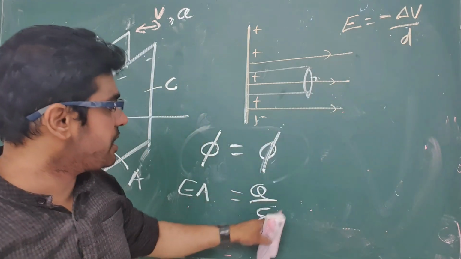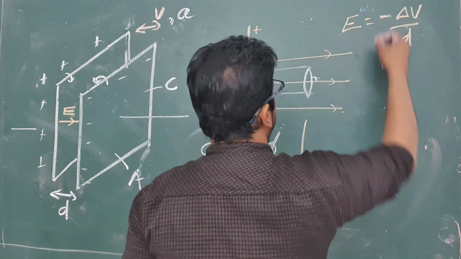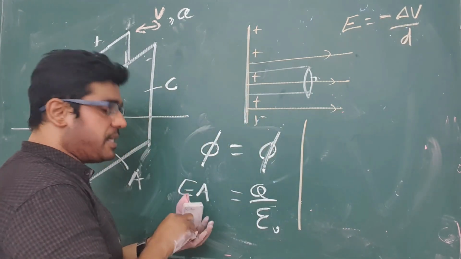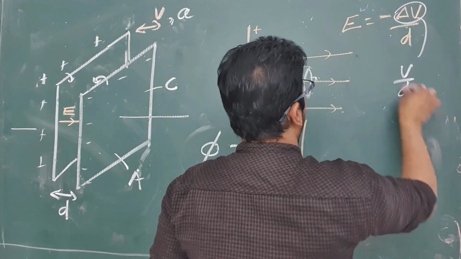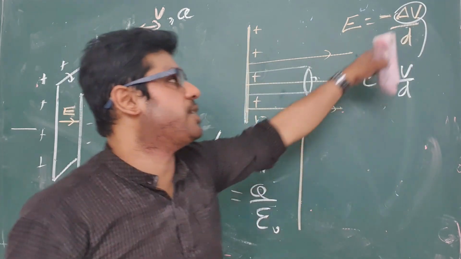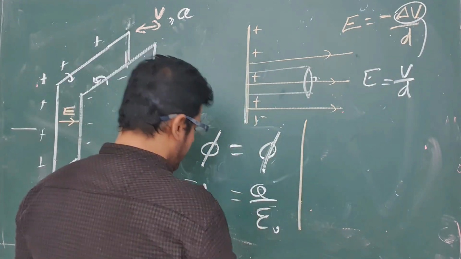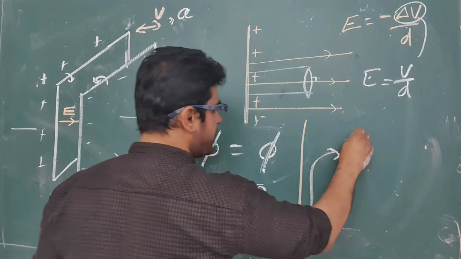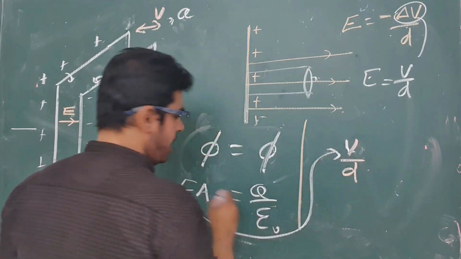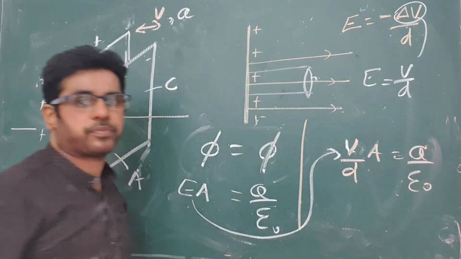So I can write E equals V divided by D, because in capacitors we just write the voltage difference. Now I can write E as V divided by D, A remains here, and Q divided by epsilon naught D.